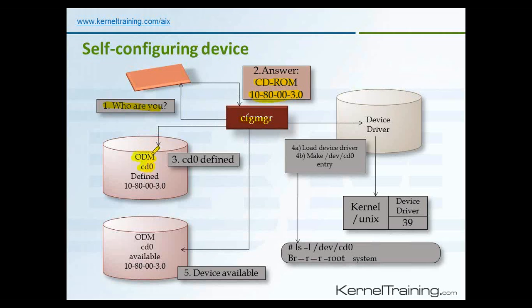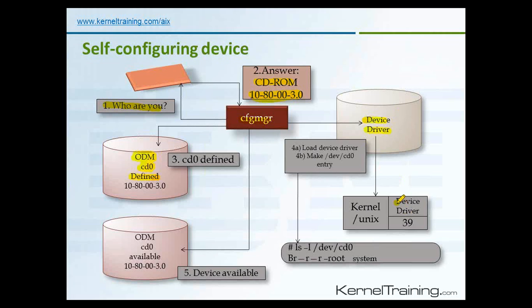So here it puts an entry in ODM saying that I found one CD drive and the drivers are not loaded for it yet, so keep it in the defined state, so that it may not be usable, and obviously it cannot be usable unless the proper device drivers are loaded. Then it will go into the device driver database inside ODM and find out what kind of device driver can be given to it.